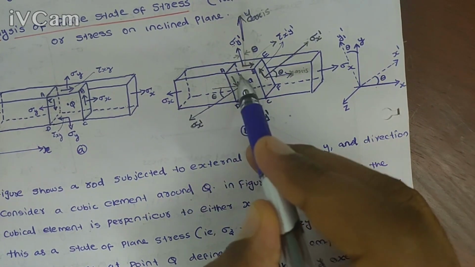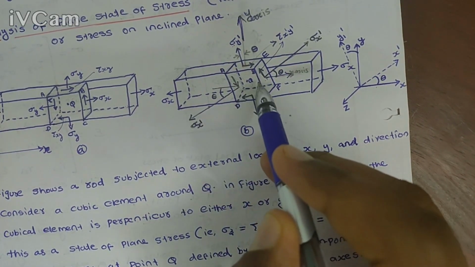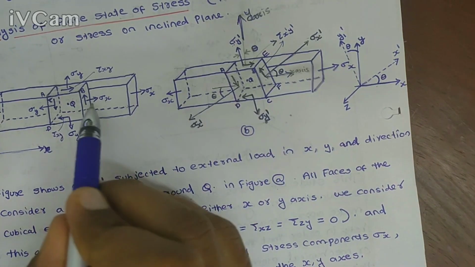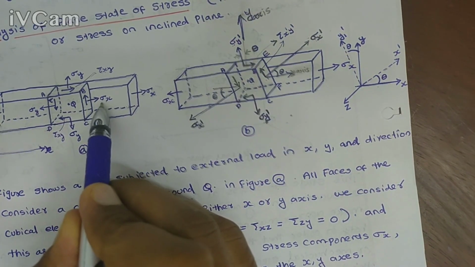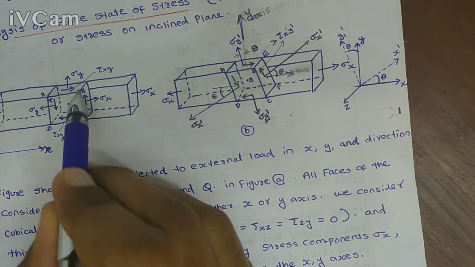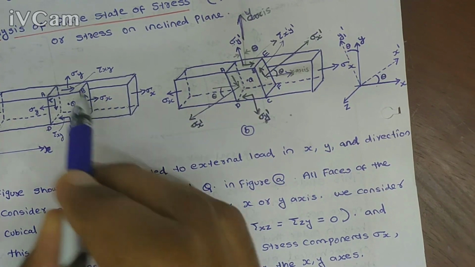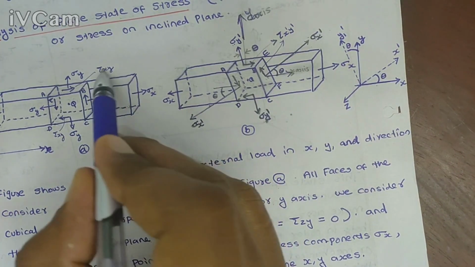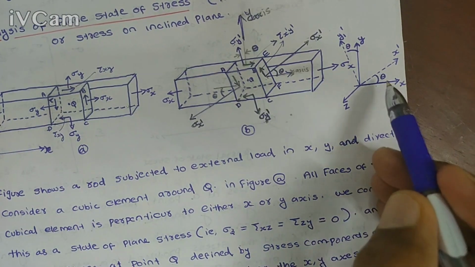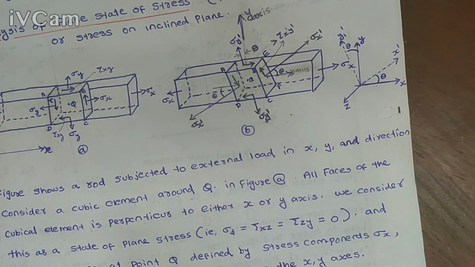The new shear stress tau xy is expressed in terms of the initial normal stresses, the normal stress acting on the vertical plane, sigma x, sigma y, tau xy, and one more variable, that is theta.